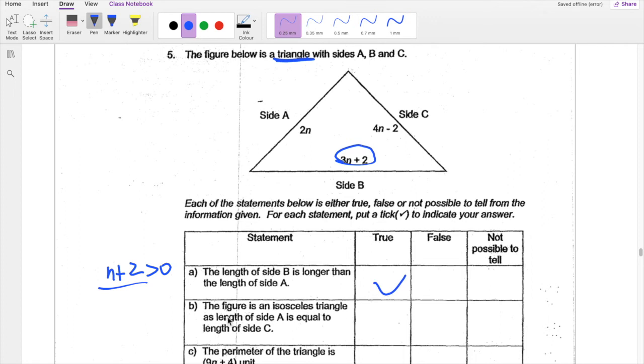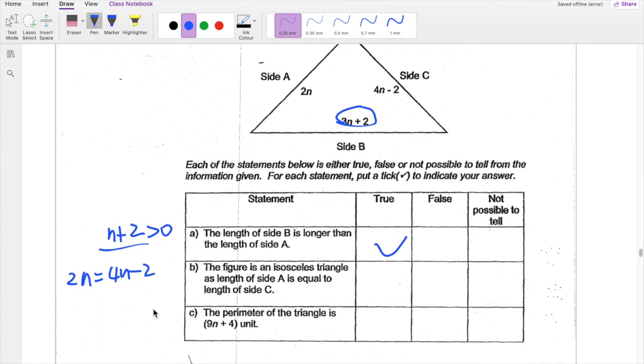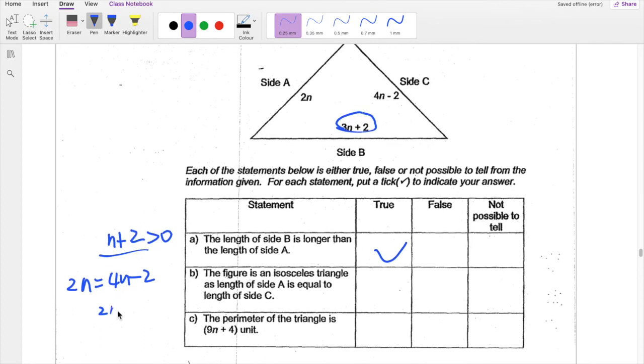Okay, the second one. The figure is an isosceles triangle with the length of side A equal to the length of side C. If A equals C, then 2n equals 4n minus 2, so 2n equals 2 and n equals 1. So we can see the three sides: 2, 2, and this side gives 5.